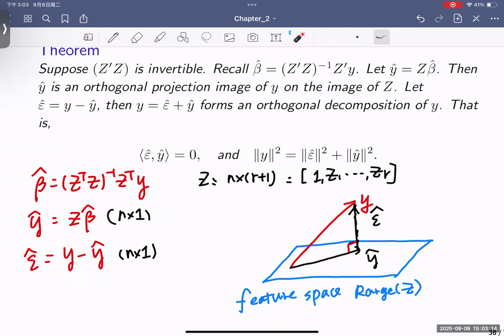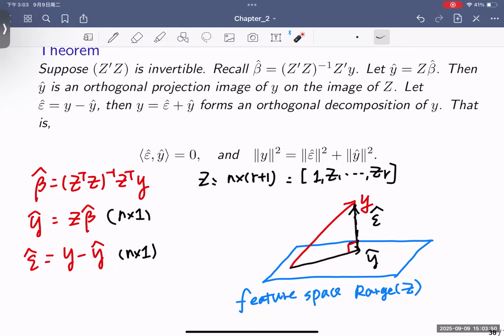So this tells us one thing: our estimate is always trying to find a projection of our vector y onto our feature space. The orthogonality stands for the projection. We probably know this from high school: the projection and the residual are orthogonal to each other, which means it's a valid projection.